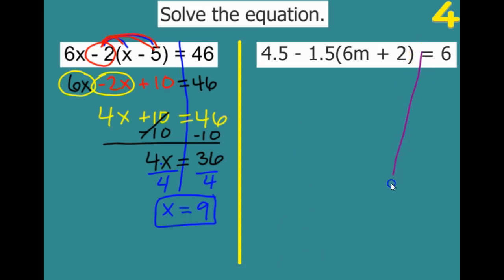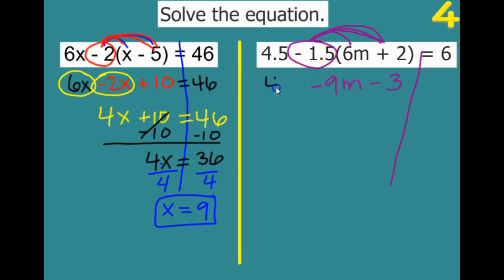Here's one almost identical. It's just the same thing. There's only decimals in this one. Again, this isn't 1.5, it's negative 1.5. So if I'm plugging in my calculator, negative 1.5 times 6 should give me a nice negative 9m. Negative 1.5 times 2, if we're just doubling it, that will give me a negative 3, doubling 1.5.